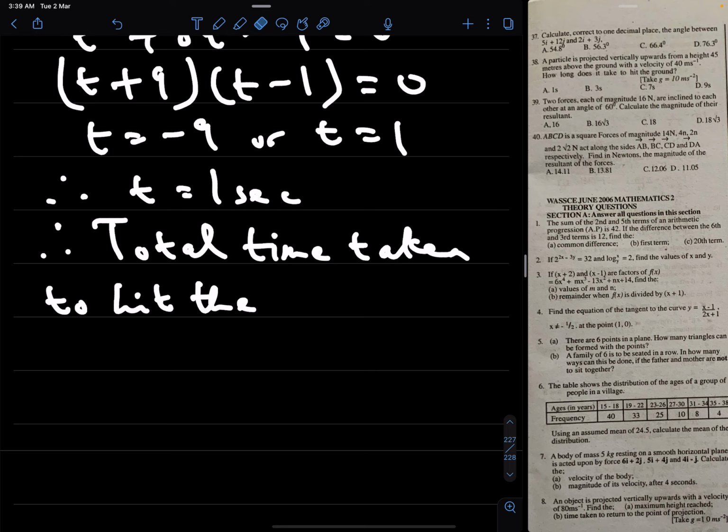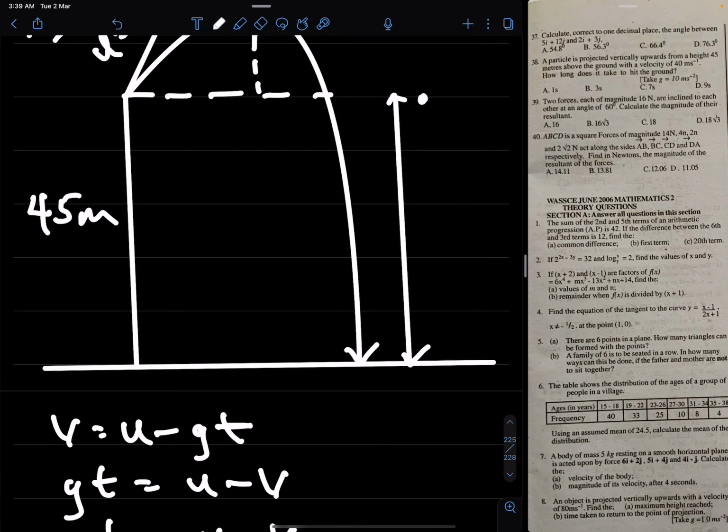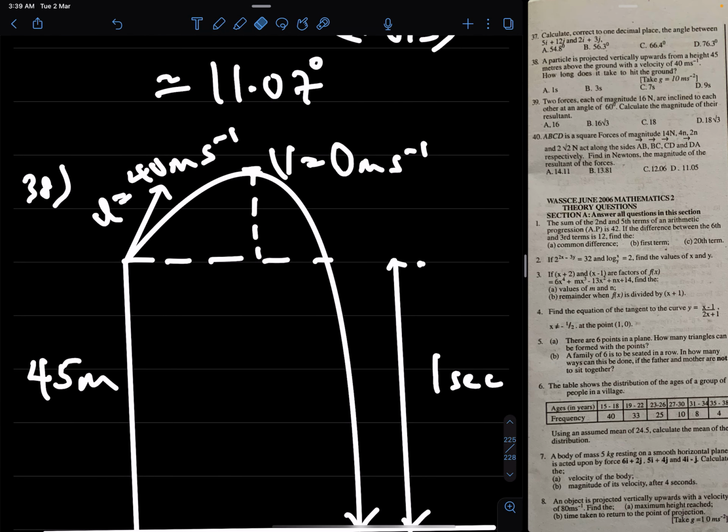Hit the ground is going to be equal to, now we know that the time it took from this point to the ground is 1 second, and the time it took from this point where it was projected back to the projection plane is, sorry, 8 seconds.